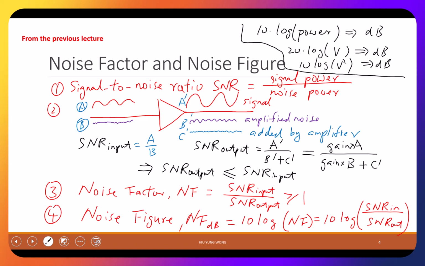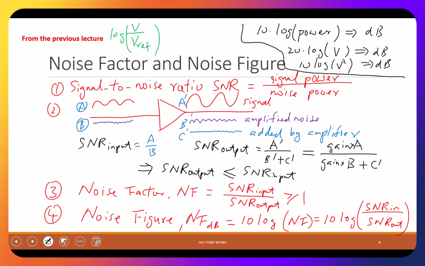Now, dB is actually like this. Maybe last time I did not really say it clearly enough. Usually, it is a signal, and you reference it to the reference signal, and you take the log.